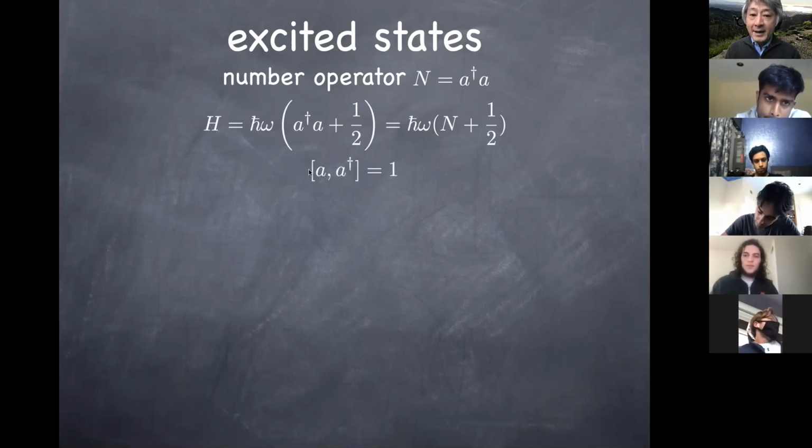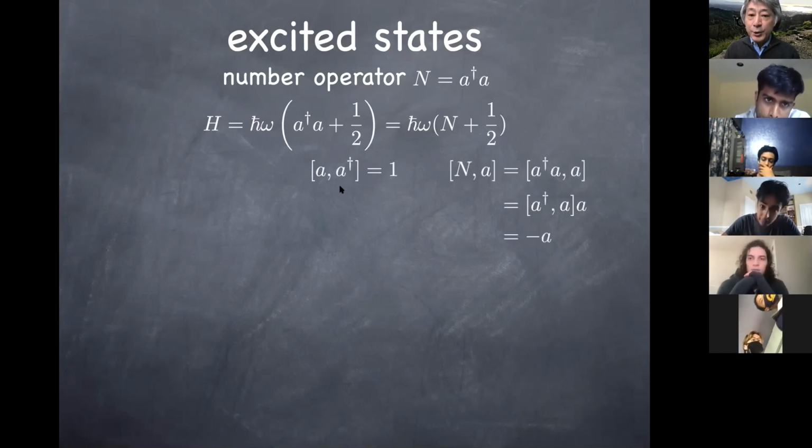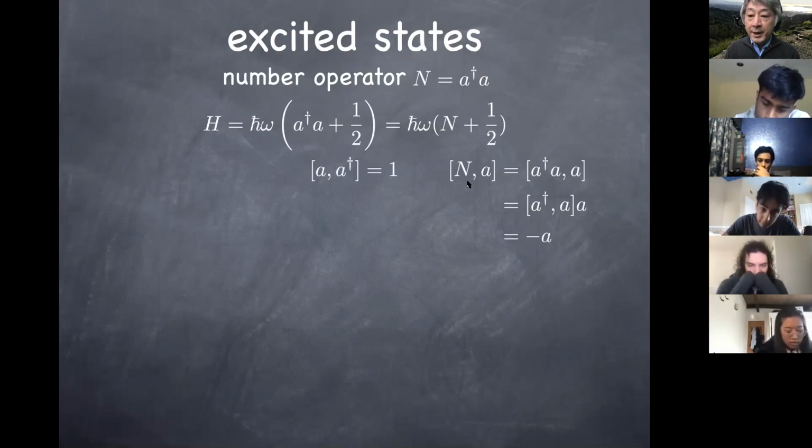And once again, this commutation relation is the key. So using this commutation relation, I can work out the commutator between the number operator and the annihilation operator. So N is A dagger A, and A commutes with A, so I can take this A out of this commutator to the right-hand side of the commutator.